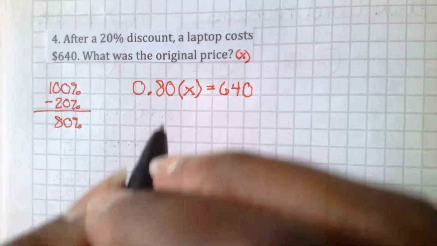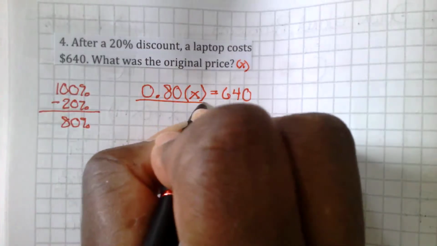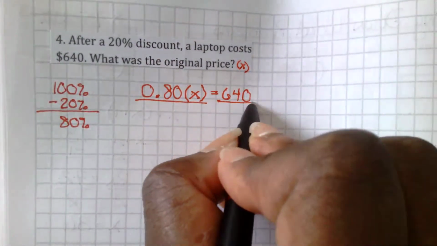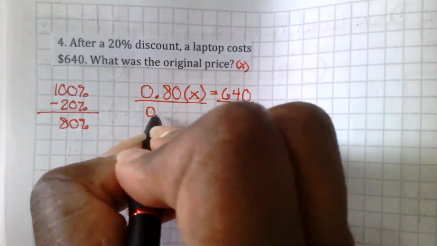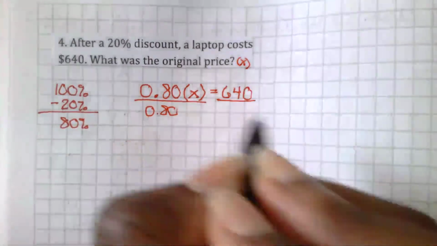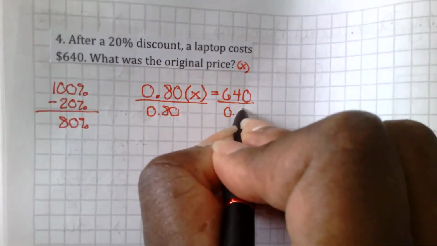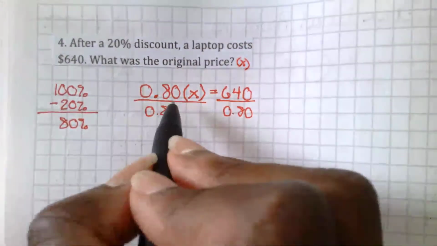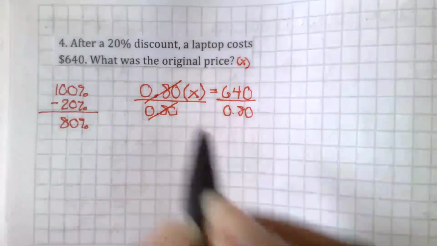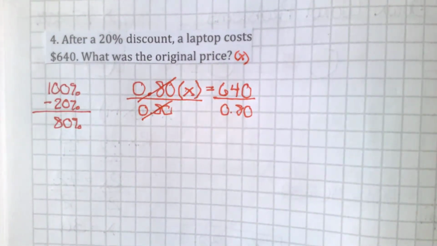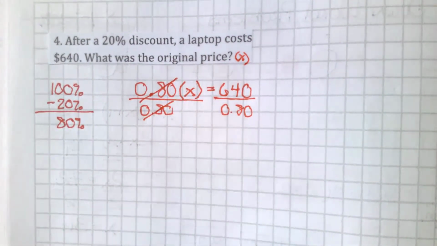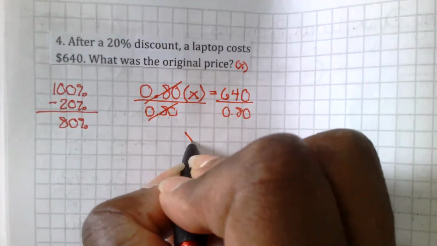So we do the inverse of multiplication, which is division. This is how we set it up. Since we're dividing, they're going to equal 1, so that gives us our X.